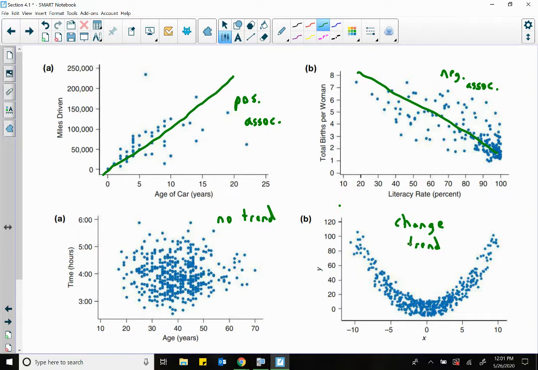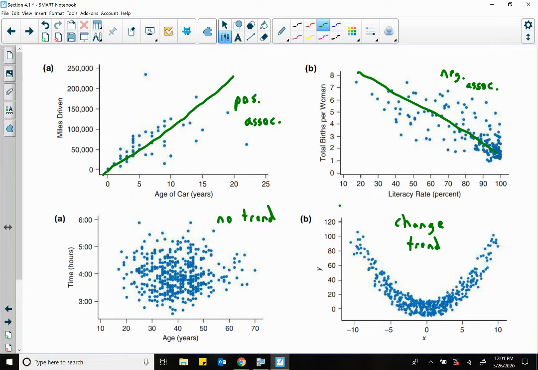Okay? And the reason why we call it changing is because if you look at it, as we move left to right, at first it's a negative association. Then all of a sudden it swings towards a positive association. So that's a changing trend. Again, in this unit, in the module or chapter 4, we want to look at positive and negative associations. These we're going to tend not to do a lot with, okay?